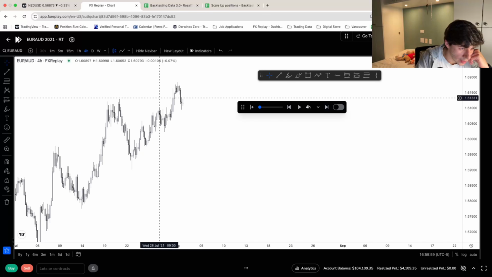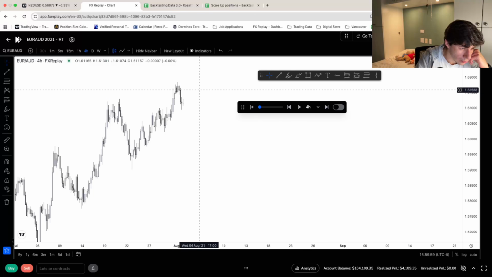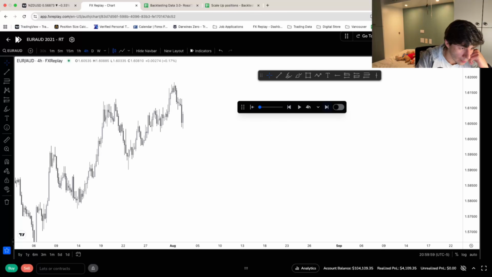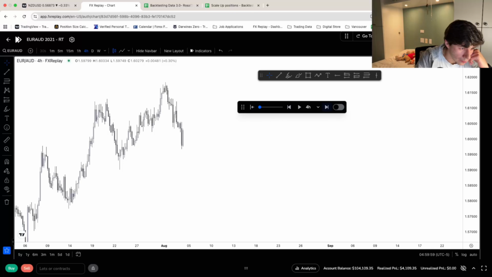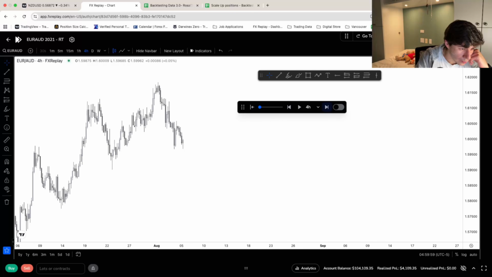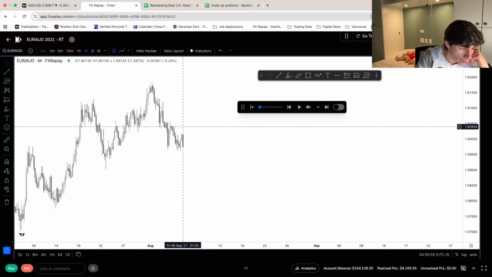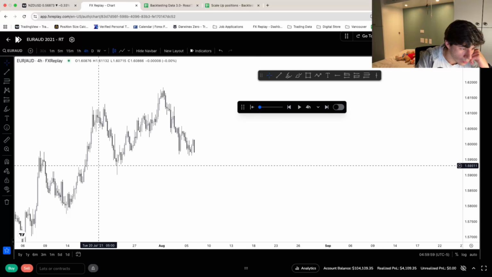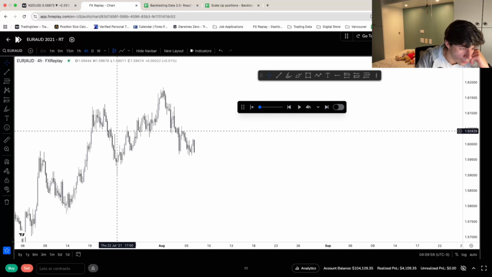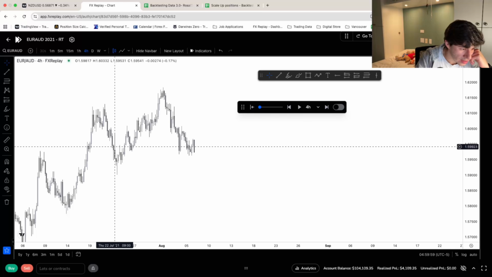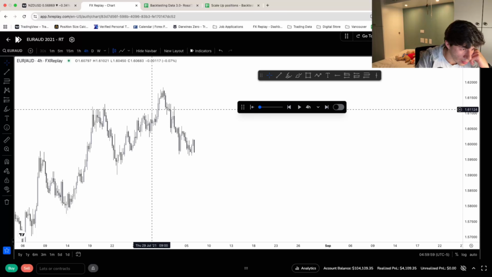No fair value gap, so no trade there. There's literally no fair value gap in this entire leg. Like, no fair value gap, no fair value gap. Yeah.